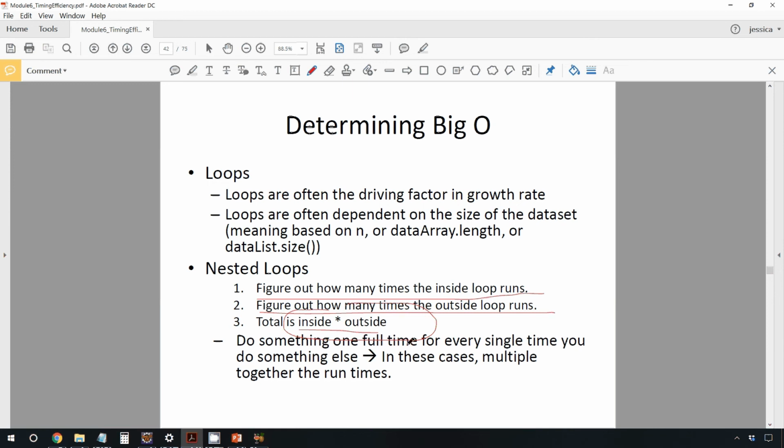Okay, so if your algorithm is do something one full time for every single time you do something else, like in a nested loop, in this case, you multiply the runtimes together. So if you have two consecutive loops, you would add their efficiencies together, and the highest one would win. If you have nested loops, you need to figure out the efficiency of the outer loop, the efficiency of the inner loop, and then you'll actually multiply them together, and that will be your big O.